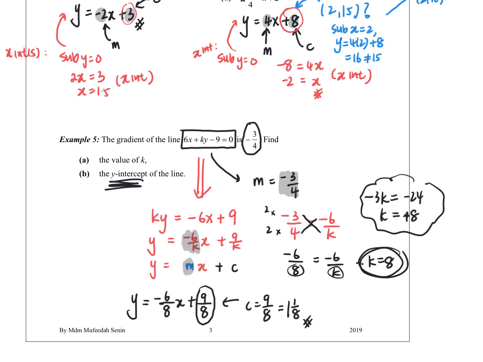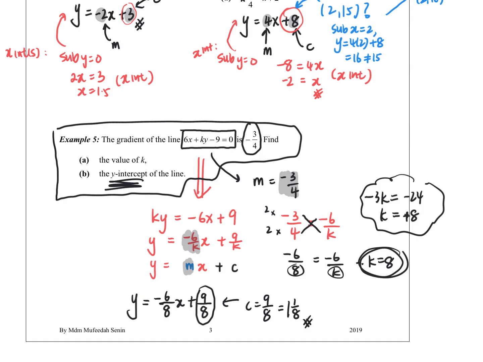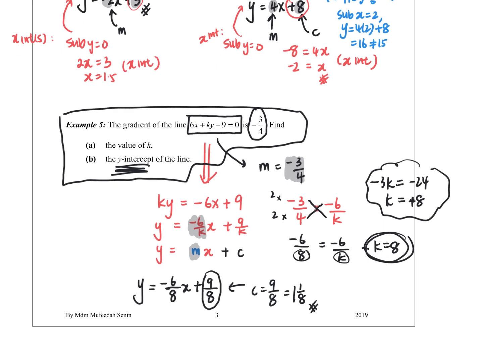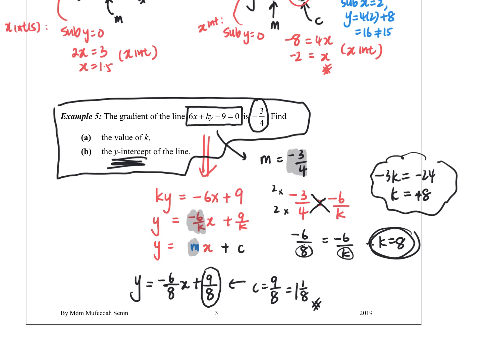So this is the kind of question you will see for O levels. They give you the equation, ask you for the gradient, ask you for the y-intercept, or prove for an unknown in the equation. So E-math should be okay. It is simple.